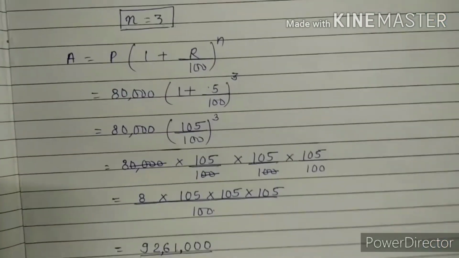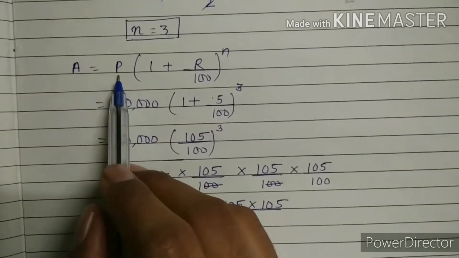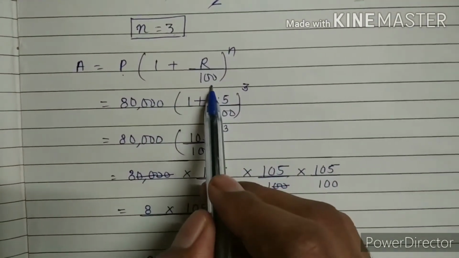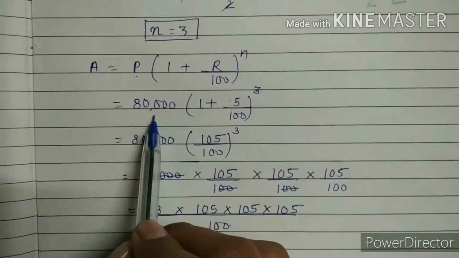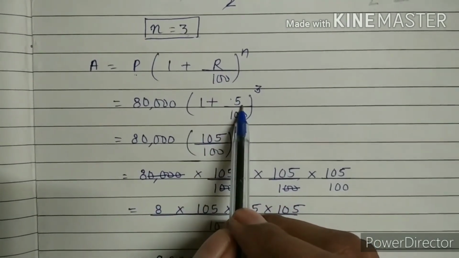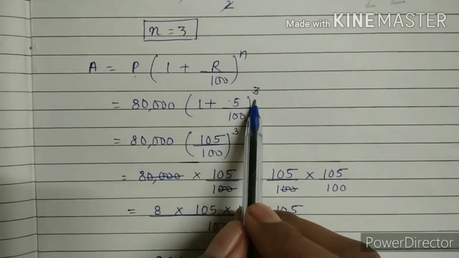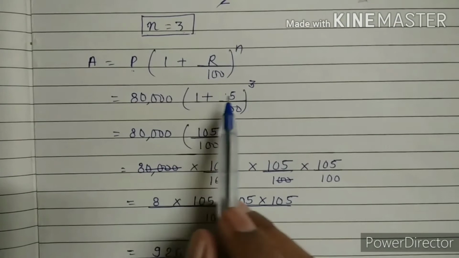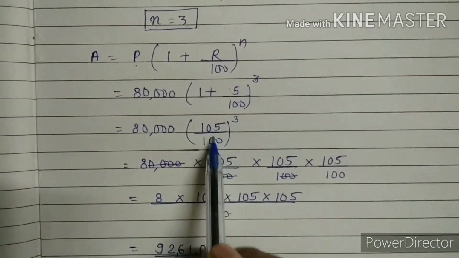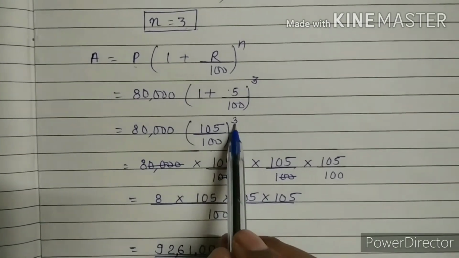Let's see it. So amount is equal to P into 1 plus R by 100 whole power n. Principal amount is 80,000, rate of interest is 5, n value is 3. 80,000 into 1 plus 5 by 100, 100 plus 5, 105 divided by 100, whole power 3.